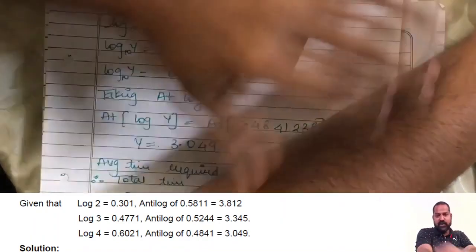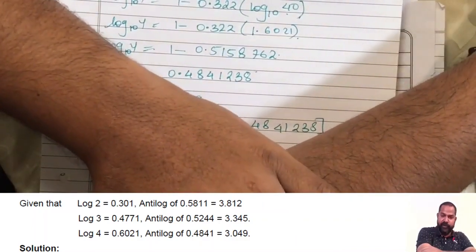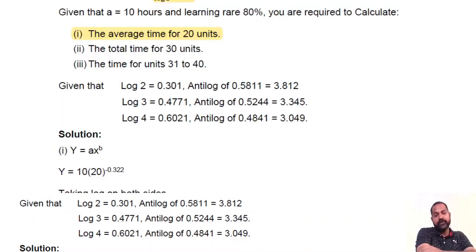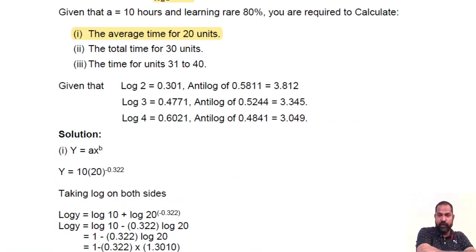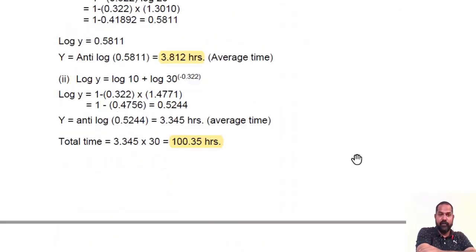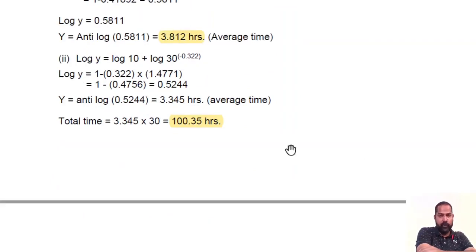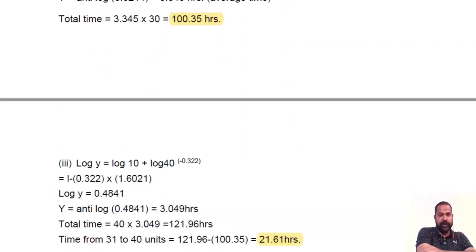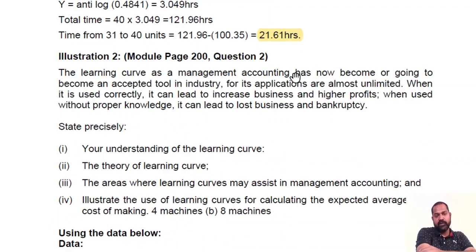And these were the answers we checked. The only difference was previously when I did it using my cell phone calculator, and now I have done it directly. So let's verify. 31.12 correct, 100.35 correct, and 21.61 correct.